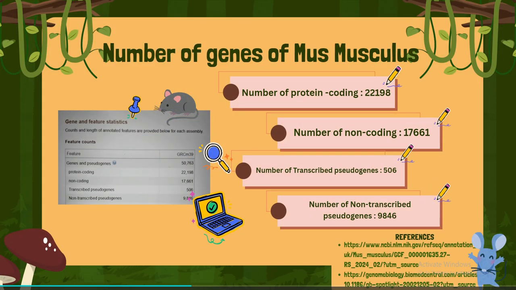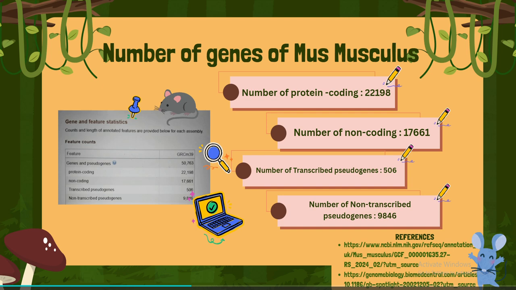Number of genes of Mus musculus. Number of protein-coding genes is 22,198. Number of non-coding genes is 17,661.